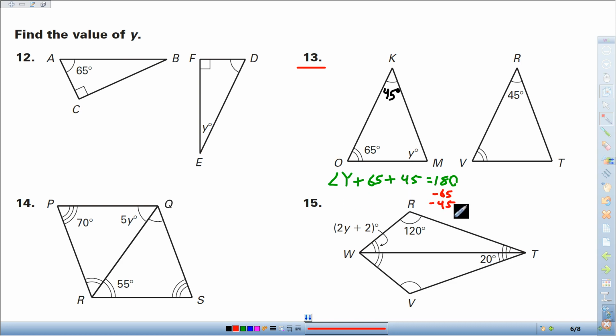I said this in the past, but in the future, you can just do this in a calculator. Even on this problem, you could have just done it in a calculator, but I wanted you to see it. So I'm doing 180 minus 65 minus 45. I'm getting 70. So angle y equals 70 degrees.